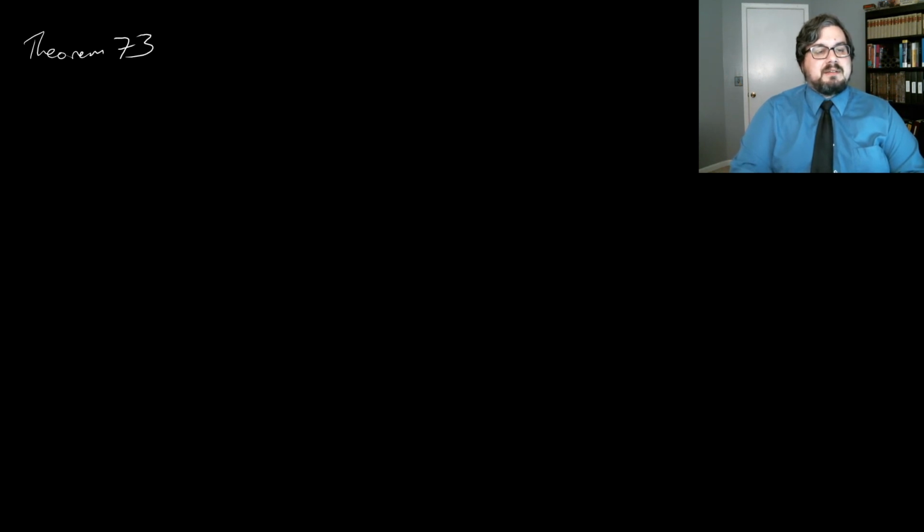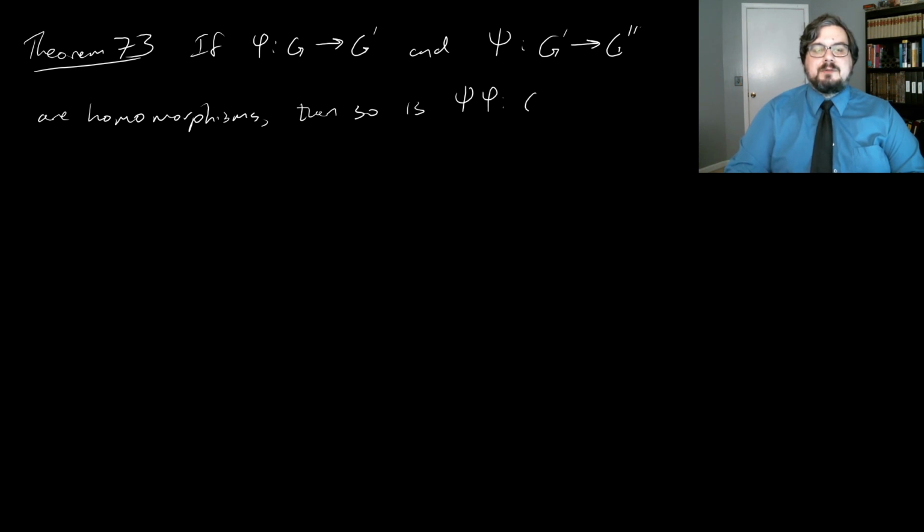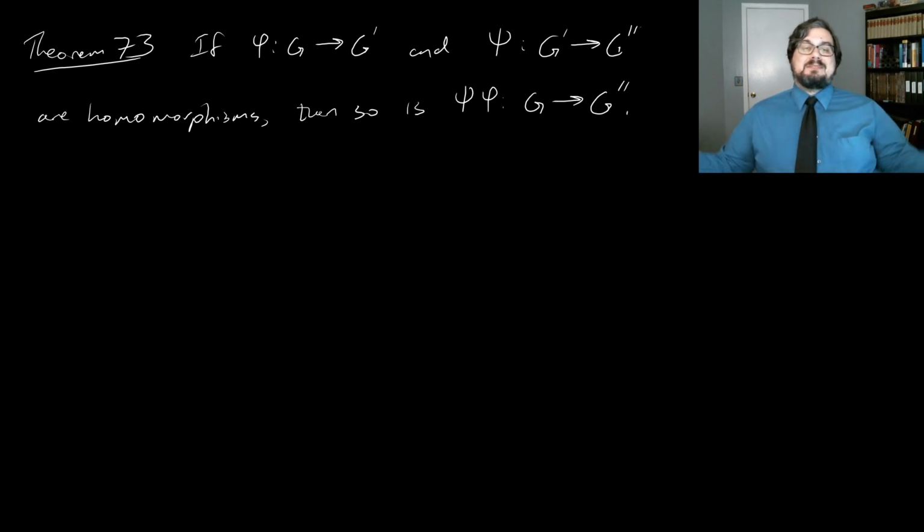Theorem 73 states that if phi from G to G prime and psi from G prime to G double prime are homomorphisms, then so is psi phi, which goes from G to G double prime. So stringing homomorphisms together, any number of homomorphisms, will give you another homomorphism, which we will take advantage of pretty often.